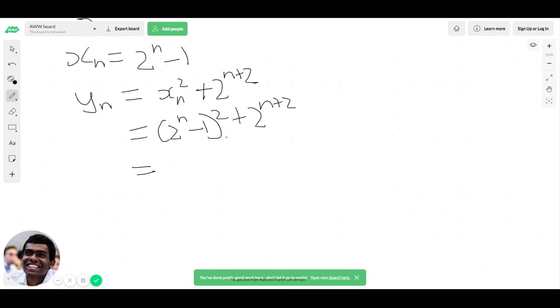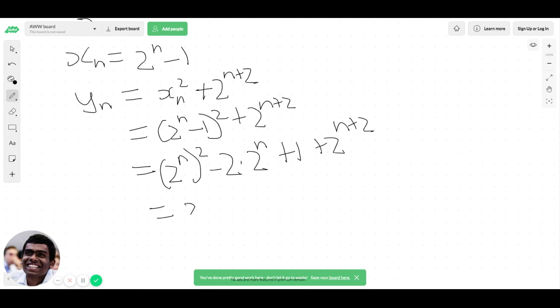This we then expand as (2 to the power of n) all squared minus 2 times 2 to the power of n plus 1 plus 2 to the power of n plus 2. This is just the same as 2 to the power of 2n minus 2 to the power of n plus 1, plus 1, plus 2 to the power of n plus 2.